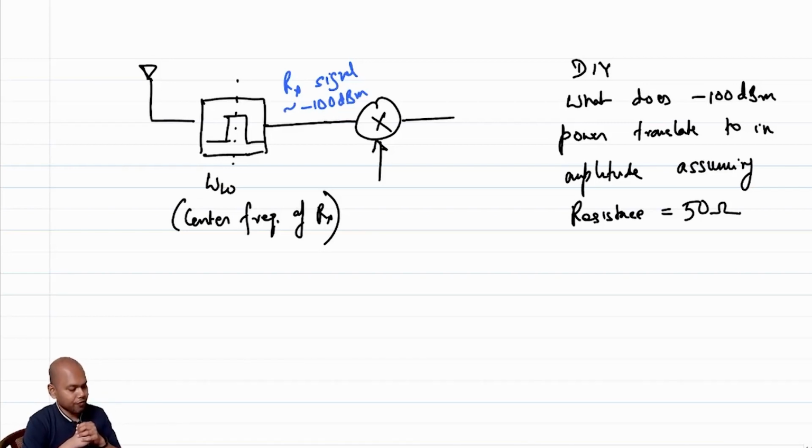What's the problem of dealing with a very low signal? Ultimately I would like to take this signal and give it to an ADC, because I want to get bits out. ADCs also have discrete quantized levels, so an ADC needs some input of some range.